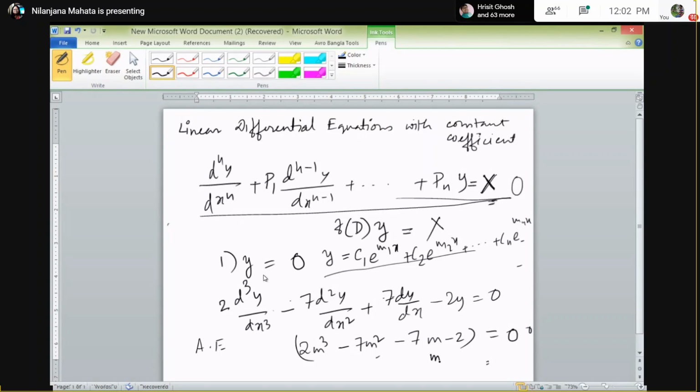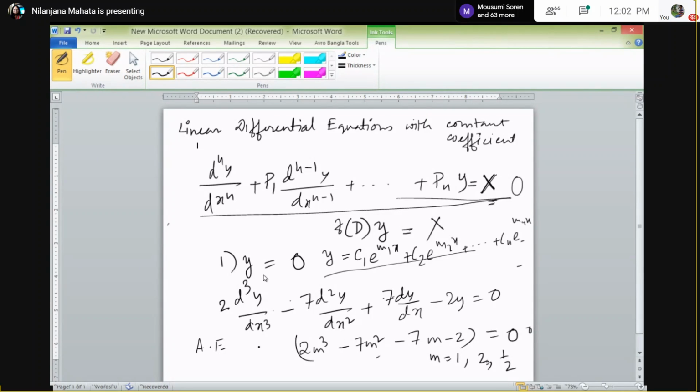What is the value of m? 1, 2 and a half. 1, 2, 0.5.